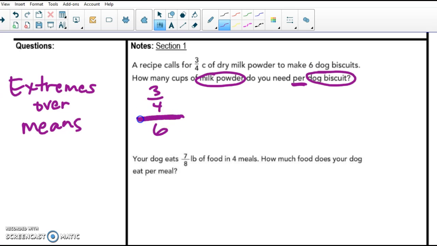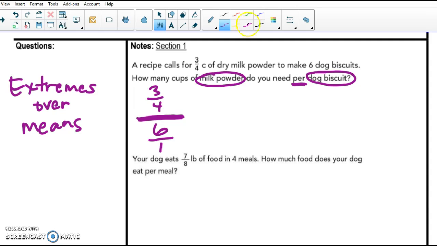Remember, a fraction is just a big division problem. It's just another way of writing division. So before I can use the extremes over means method, I need to make sure that both terms of my ratio are written as a fraction. Obviously 3/4 is, but 6 I'm going to put over 1 so that I have fraction over fraction.